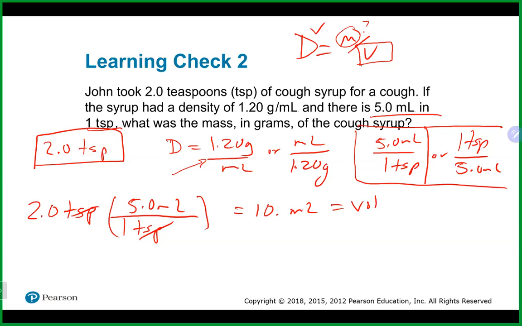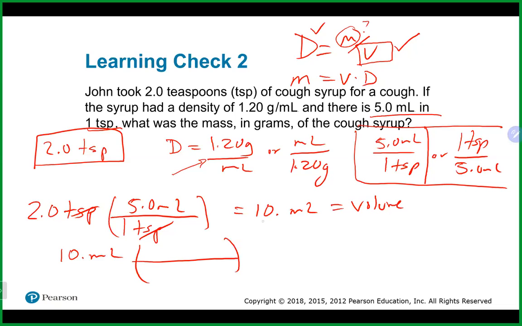Any questions on that? So now by doing that conversion, we have the volume and we have the density. So we could solve for the mass, which is volume times density. And once again, we could set it up the dimensional analysis way. We're going to take our volume, which is 10 milliliters.